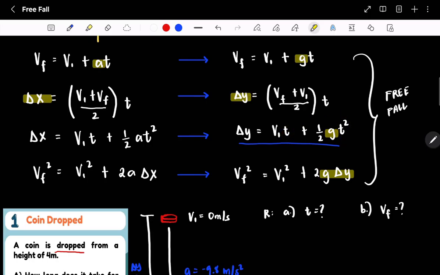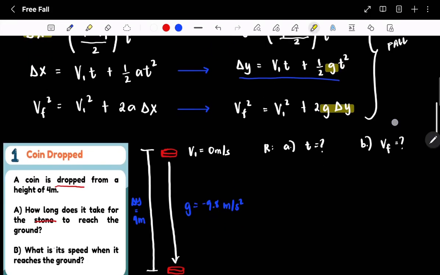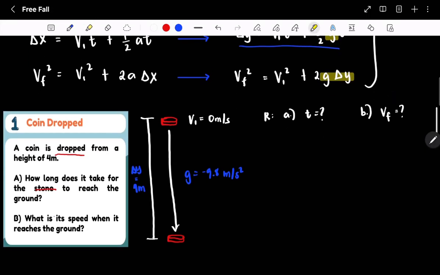If you look at kinematic equation 1, if you considered it initially, you'll notice that it has V sub f, which is not given in the problem. So we cannot use this. The same goes for the fourth kinematic equation. So let's just use kinematic equation number 3.